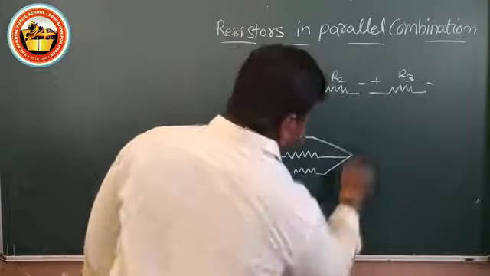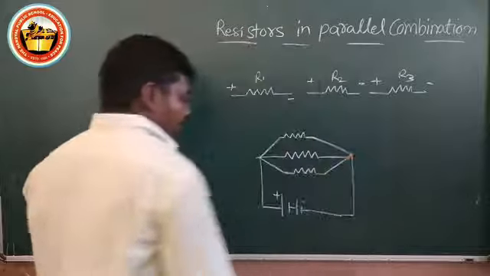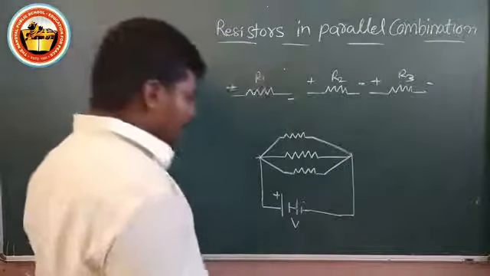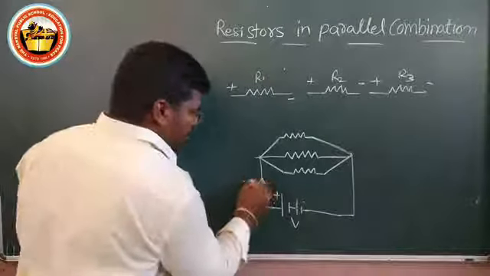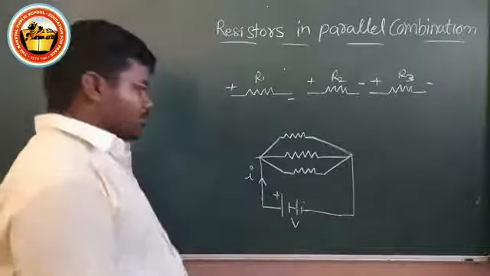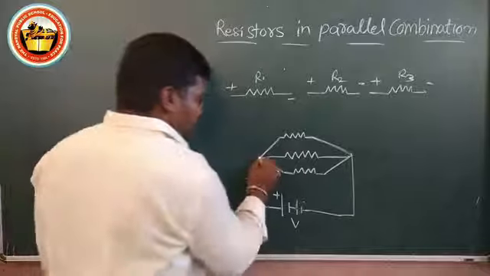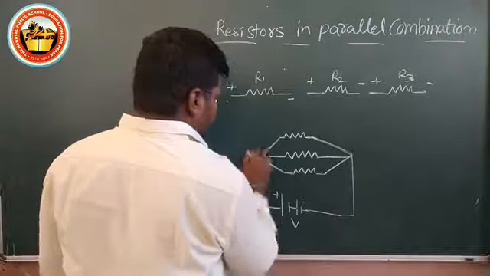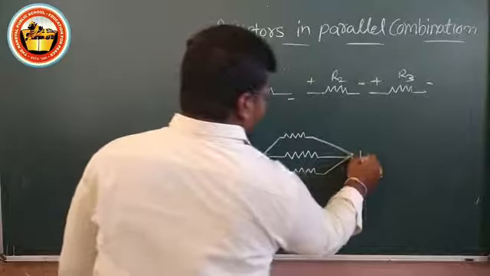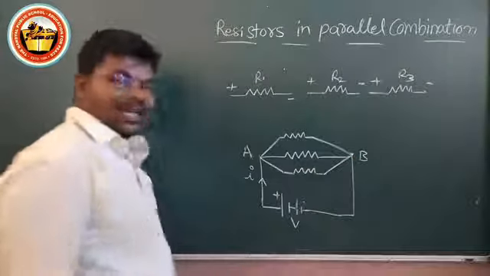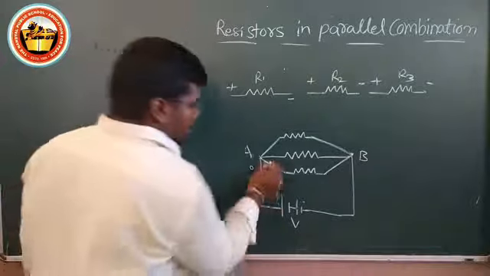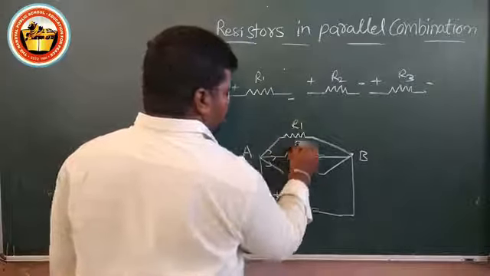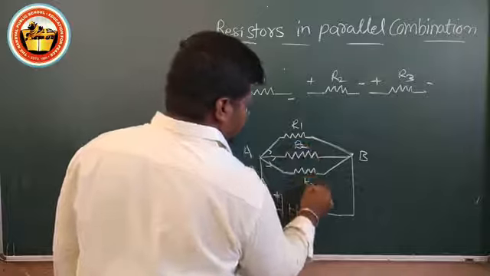Here we can apply a potential difference V, the battery. The current passes through the circuit, and at junction A and junction B the current can split. So there is the R1 resistor, R2 resistor, R3 resistor.